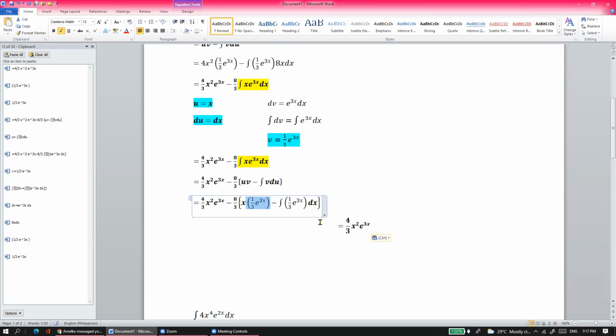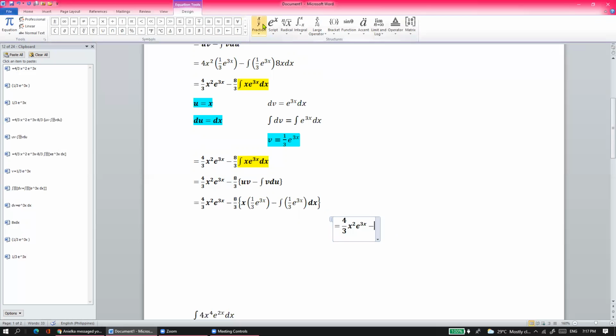So negative and positive eh. So I'll write minus 8/9, and then x, then e to the 3x.